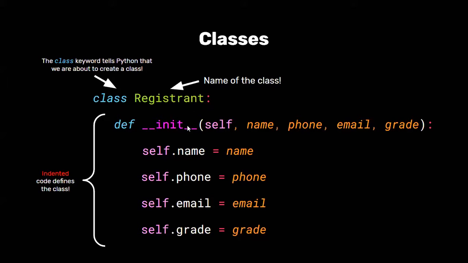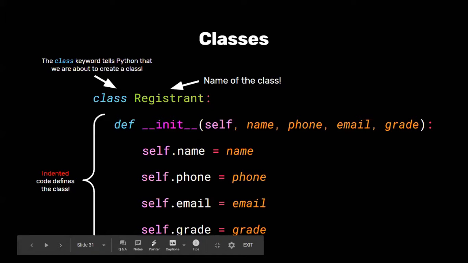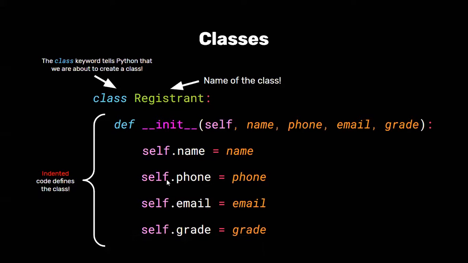We can create an object that has other variables in it. We can assume name is a string, email is a string, grade is probably a number, and phone can be either a string or a number if you want to be weird. But essentially, we can use this whole self variable to keep track of a bunch of other variables.